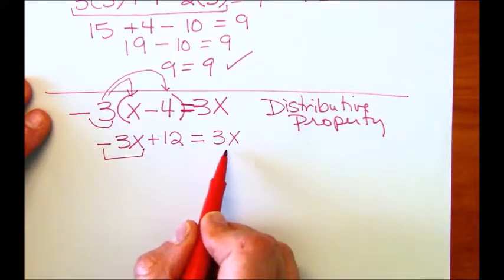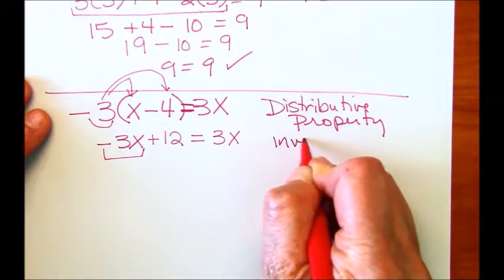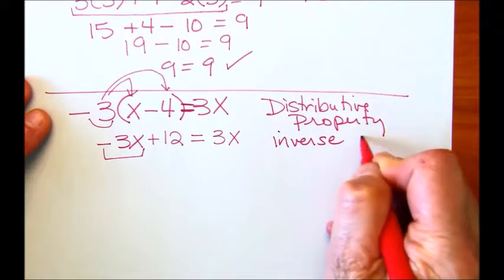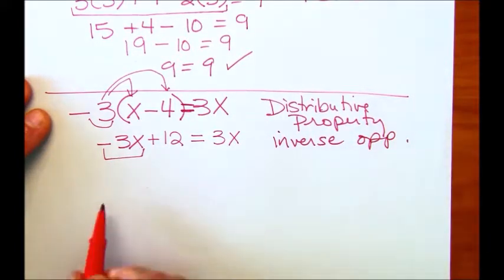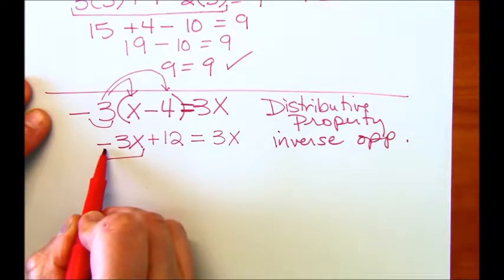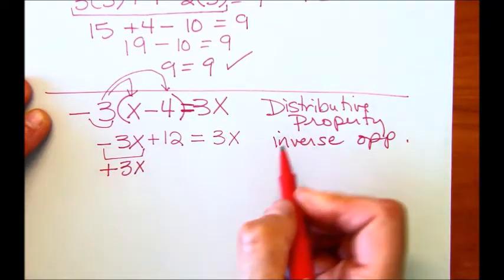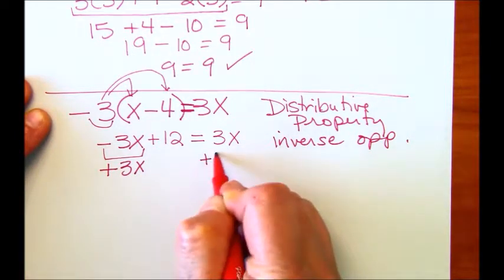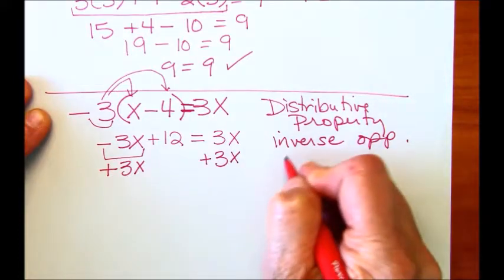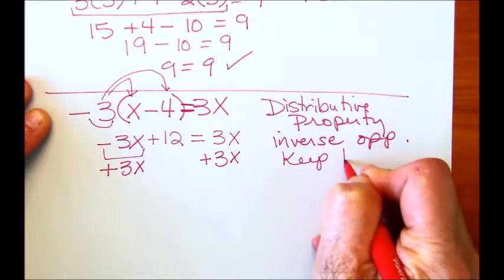And I'm going to do that by using inverse operations. This is a negative 3x, so the opposite or inverse would be a positive 3x. I'm going to do the same on the other side. So I'm keeping the balance.